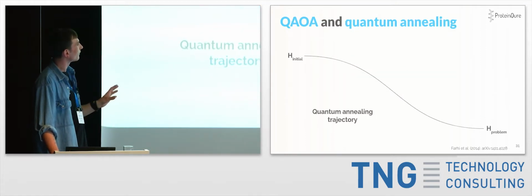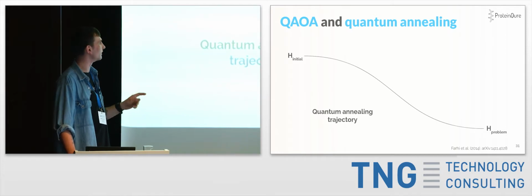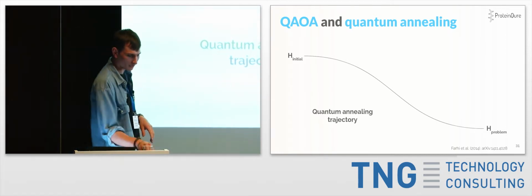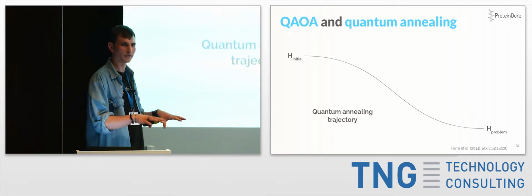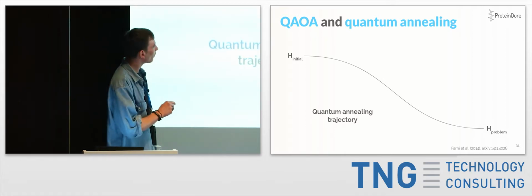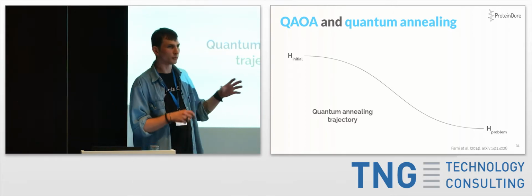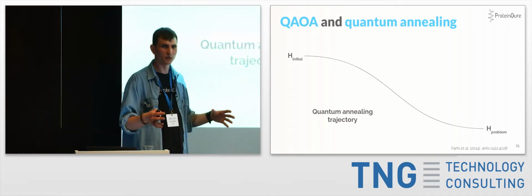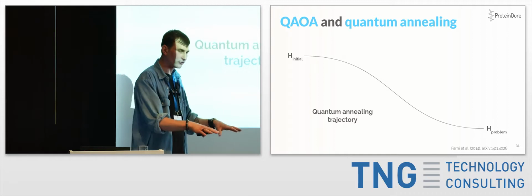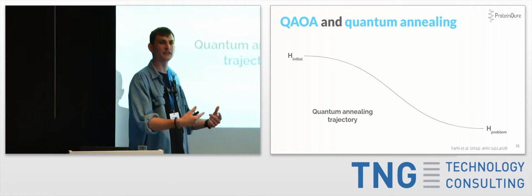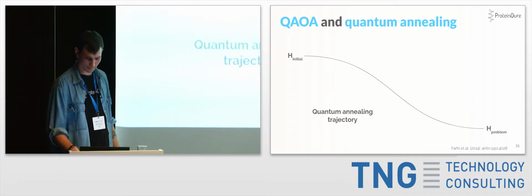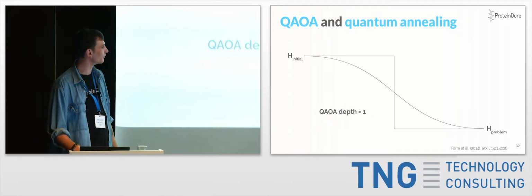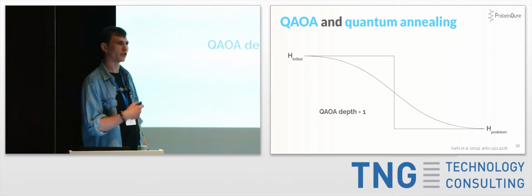I want to highlight also that it's very similar to what quantum annealing is actually doing. The way quantum annealing works is you start from a simple initial Hamiltonian that describes your processor, and then you slowly evolve it into your problem Hamiltonian, which is basically the equation that describes your problem, and then you freeze, you measure, and you hope that the result that you read out corresponds to a low-energy solution to your problem. What the QAOA algorithm is doing is what they call a trotterization.